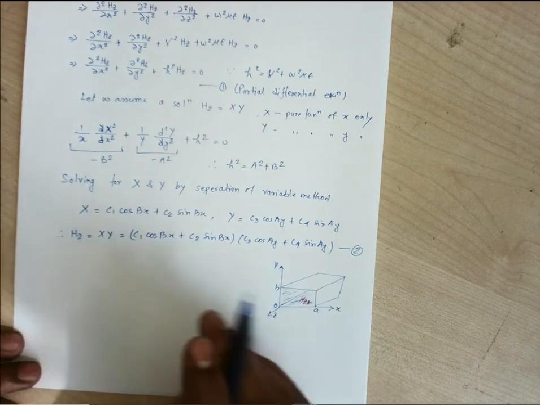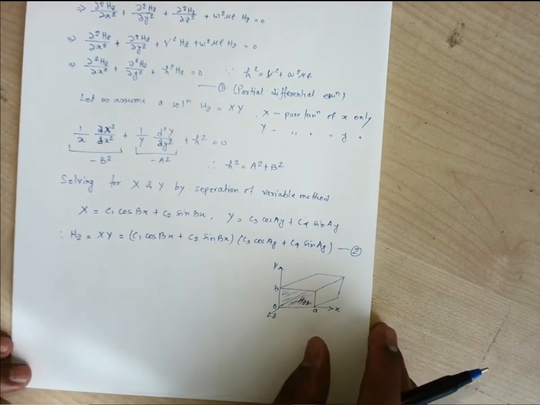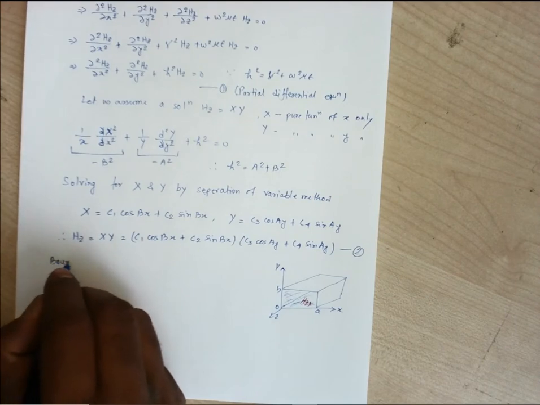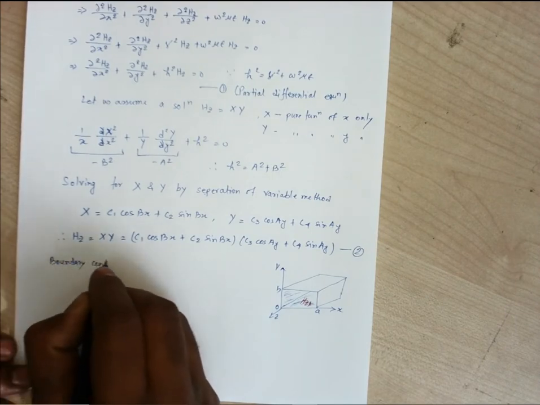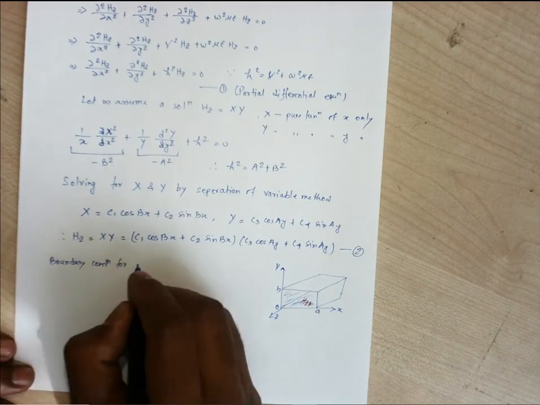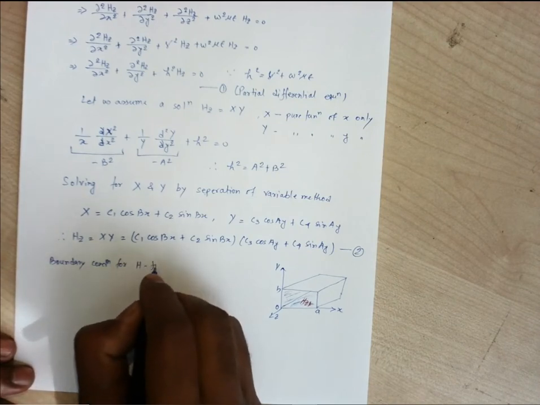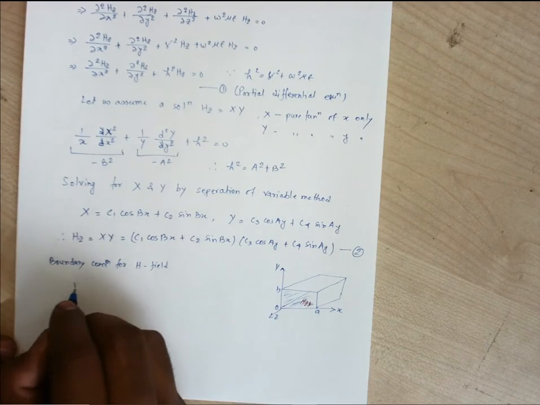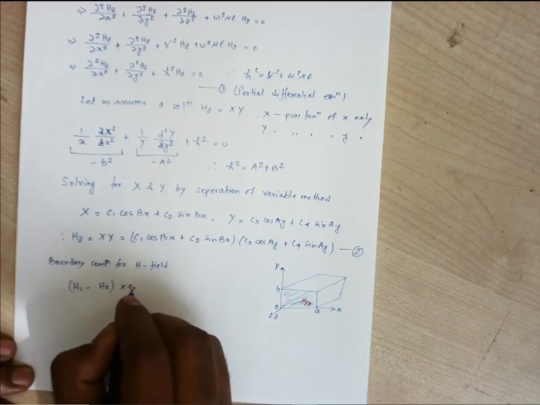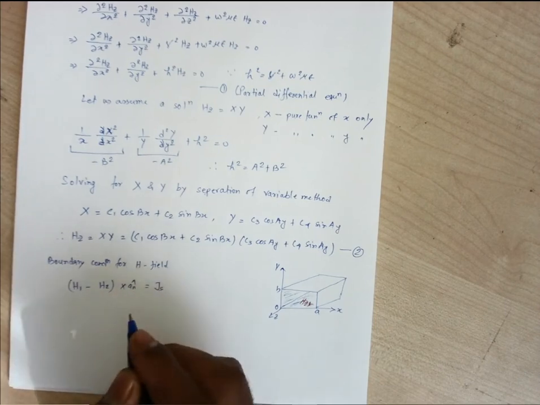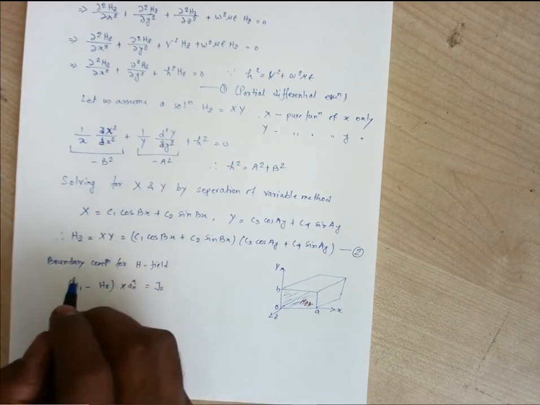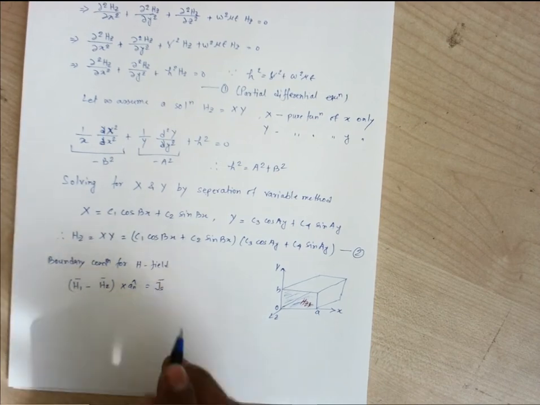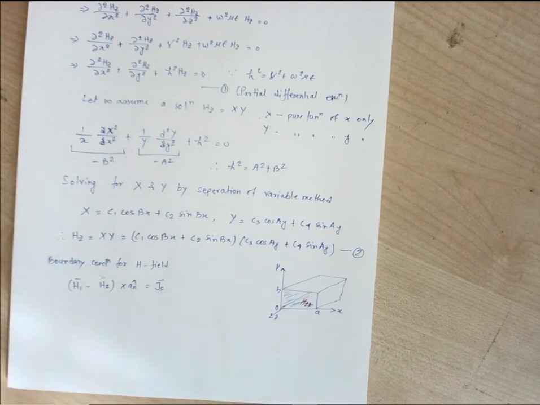So if we consider our concept of boundary conditions for the magnetic field, that is H1 minus H2 cross the normal vector is our Js. So what is this Js?